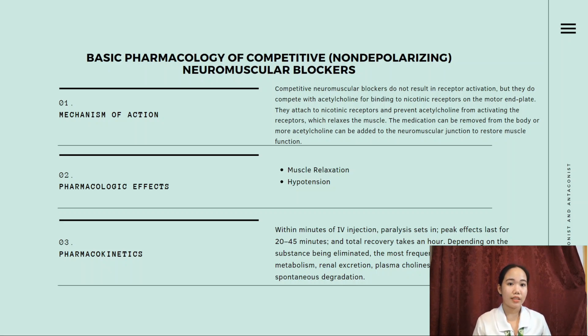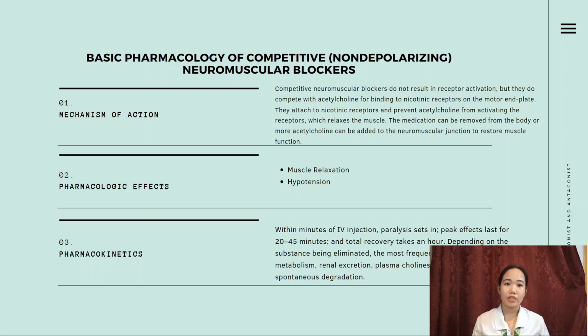They attach to the nicotinic receptors and prevent acetylcholine from activating the receptors, which relaxes the muscle. The medication can be removed from the body, or more acetylcholine can be added to the neuromuscular junction to restore muscle function.